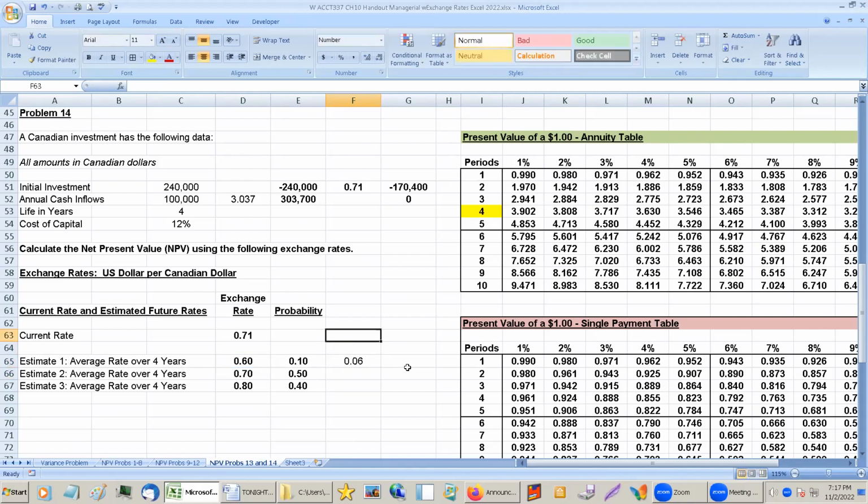And we're going to get a weighted average. So 0.73 will be our weighted average for the years.